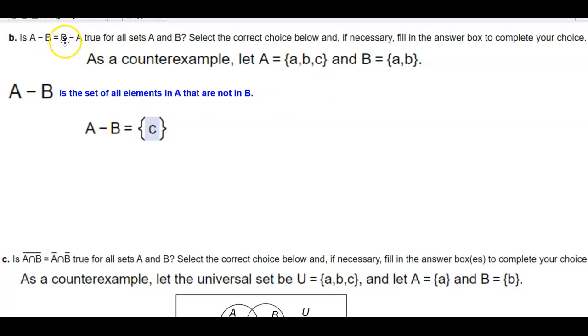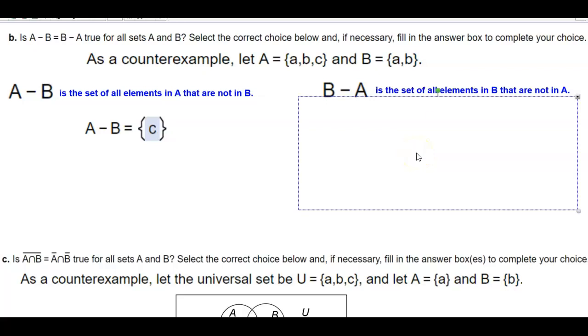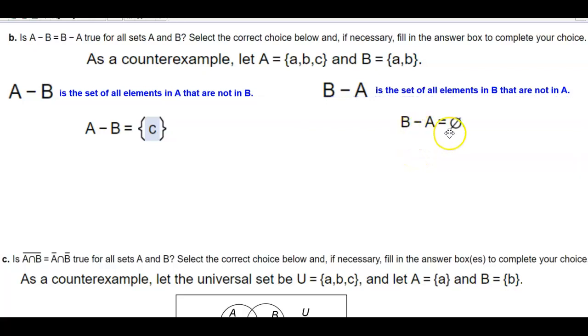Now we want to take a look at the set difference from B to A. The set difference from B to A is the set of all elements that are in B that are not in A. Are there any elements in B that are not in A? Well, the answer is no, so that represents the empty set. So we would say that the two set differences are not equal to each other.